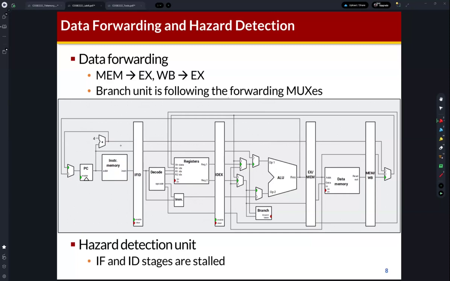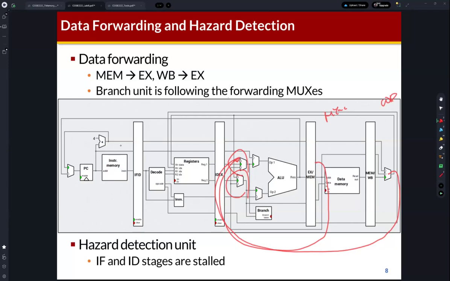Which means there are forwarding multiplexers in the EX stage, and based on the forwarding condition, the data are forwarded from the memory stage or write back stage, right? So data can be forwarded like this, and data can be forwarded from the write back stage. Okay. So you need to implement the data forwarding in the pipeline architecture.